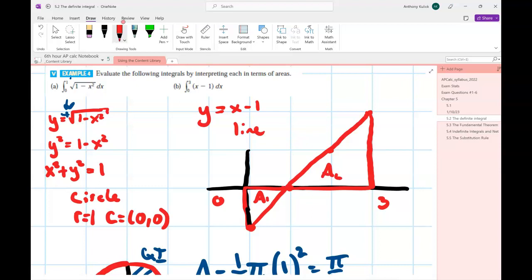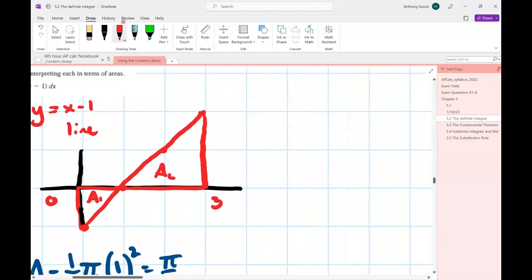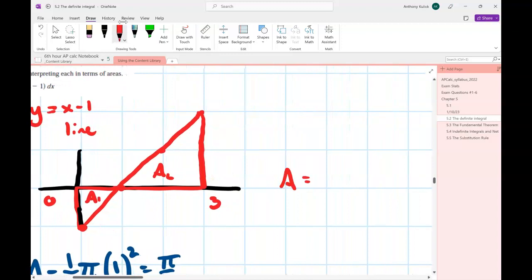So the area under the curve, remember, area 1 is going to be a negative area because it's below the x-axis. So we're just going to do the area for triangle 2 minus the area from triangle 1. The area for a triangle is 1/2 base times height. What's the base for triangle 2? That's 2.